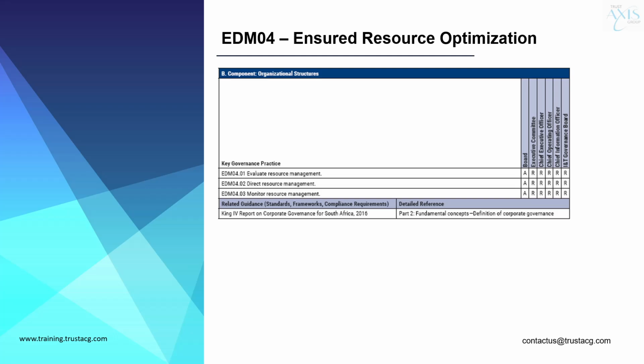Okay. So, there are three governance practices that we discussed under this governance objective. And the first one was around the evaluation of resource management. This particular practice ensures that the enterprise resources, whether human capital, financial capital, informational or technological, are all being managed effectively and remain aligned with the goals of the business.